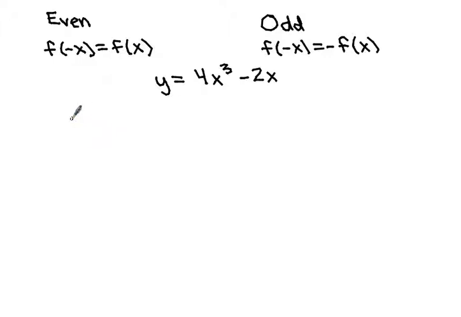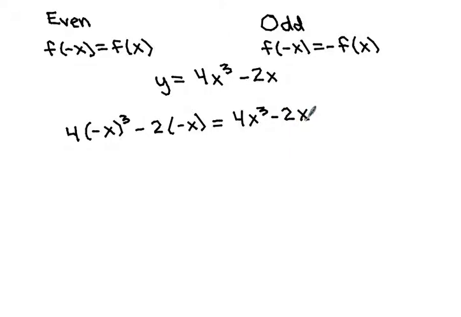So if I plug in negative x, this will be 4 times negative x cubed minus 2 times negative x. And I want to know, is this equal to my f of x? So 4x cubed minus 2x. As we look at these negative numbers, it's basically negative 1 to the third power and x to the third power.